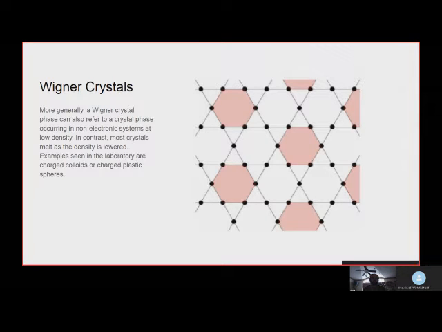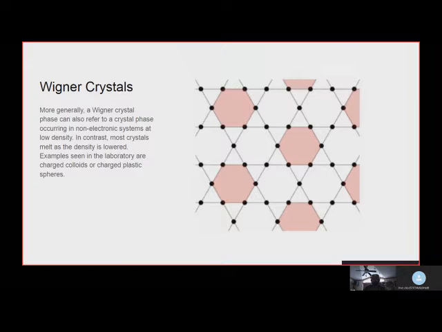So Wigner crystals, more generally, a Wigner crystal phase can also refer to a crystal phase occurring in non-electronic systems at low density. In contrast, most crystals melt as the density is lowered.